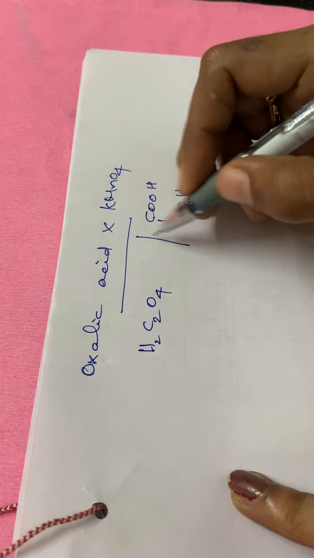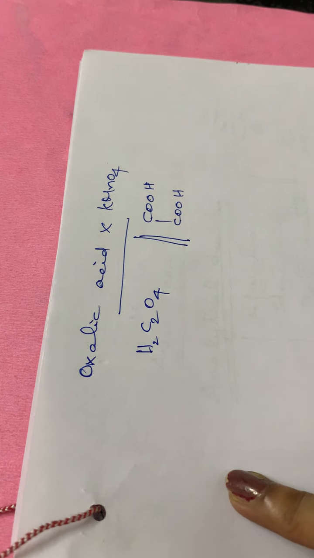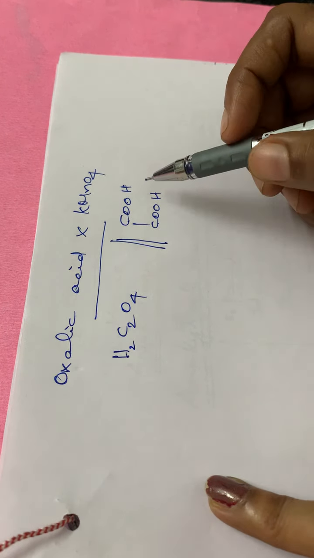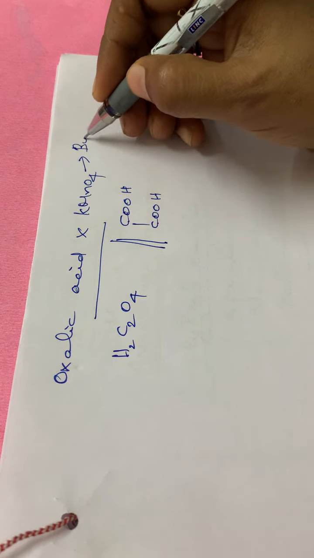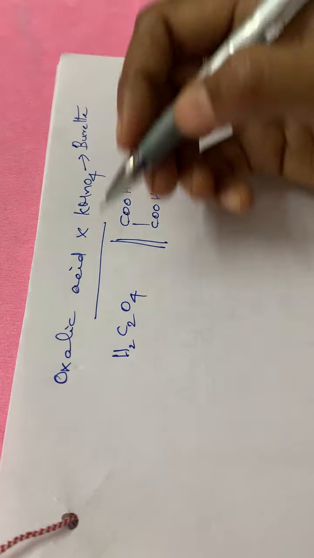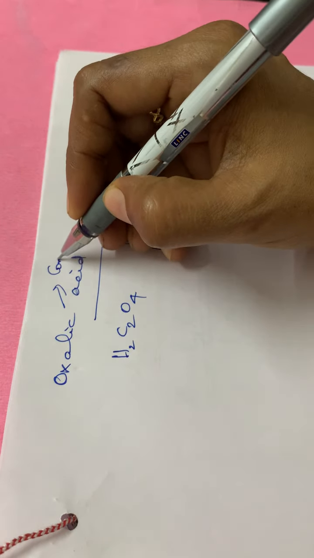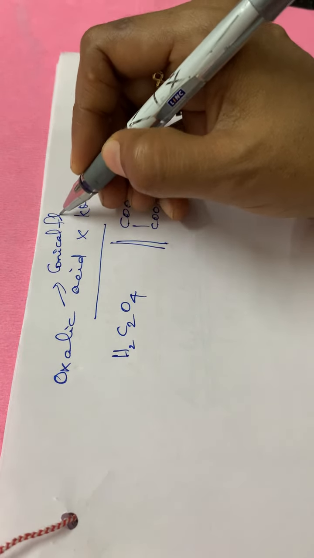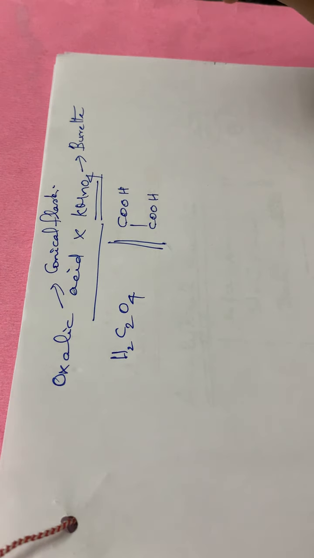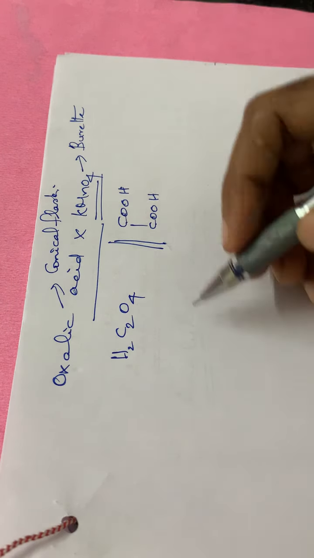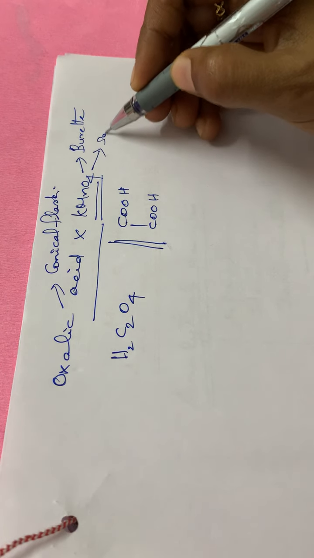Normally for this reaction, KMnO4 is taken in the burette and oxalic acid is taken in the conical flask. Here also, the indicator is KMnO4 itself.